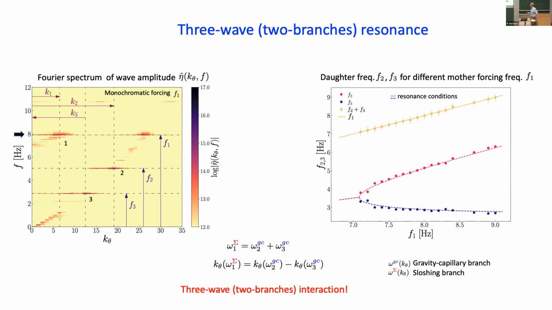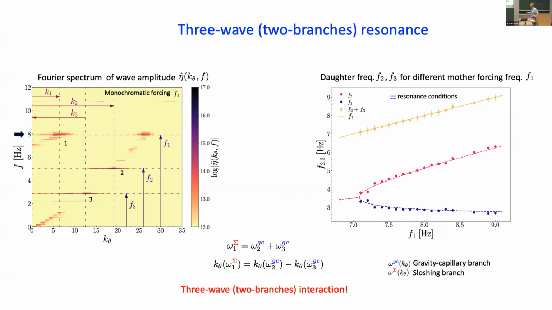So we can check this experimentally. Here you have the frequency, here you have the K, and you force the system close to the sloshing branch here, and here the gravity capillary branch.